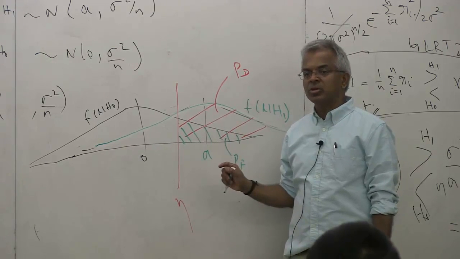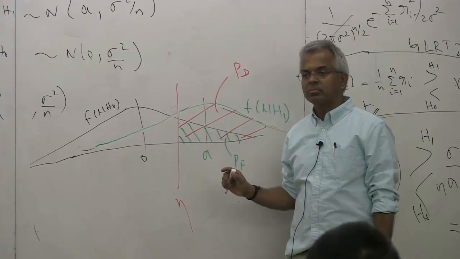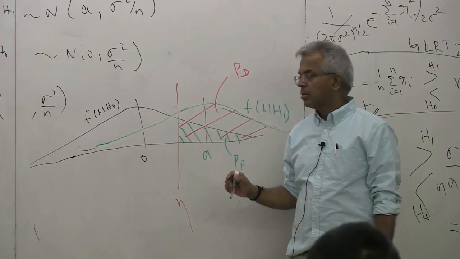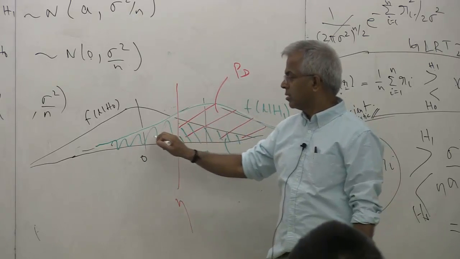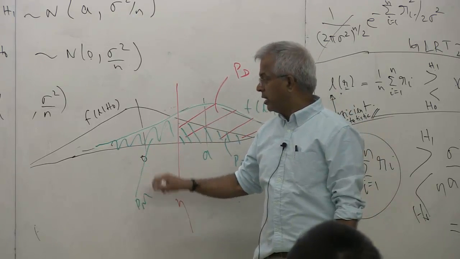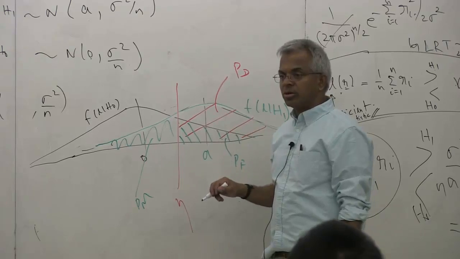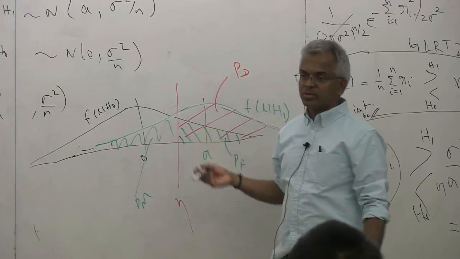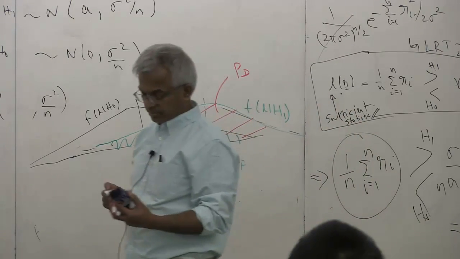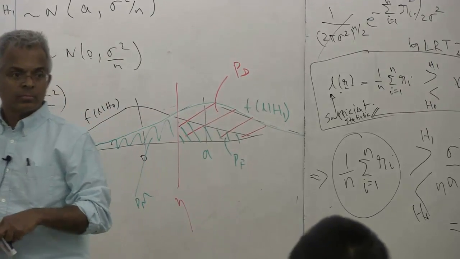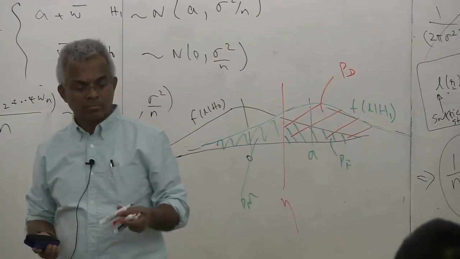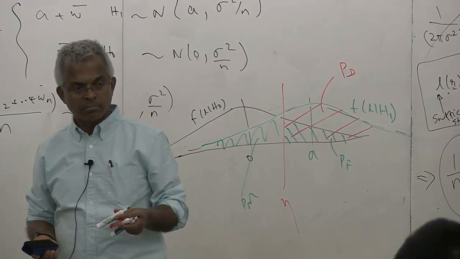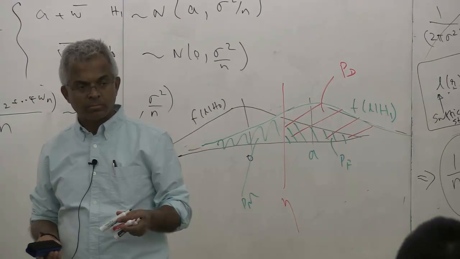PD plus PM is how much? Because look, this is PM, right? The area under any density function is 1. So many ways you can conclude that. Do we have ways to separate PD and PF, to make one increase and one decrease?